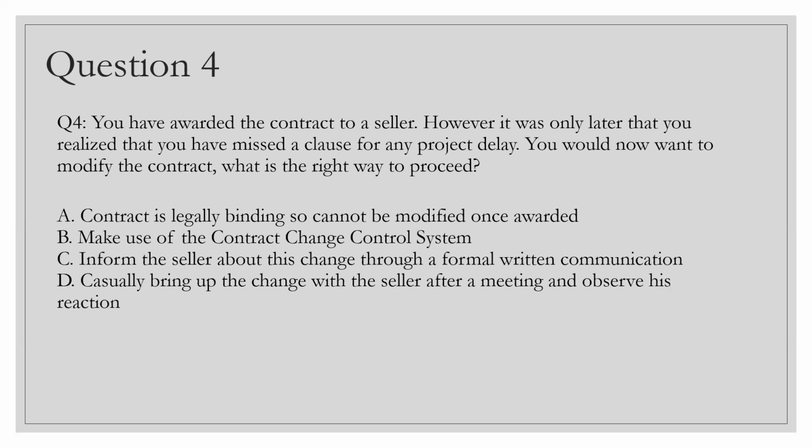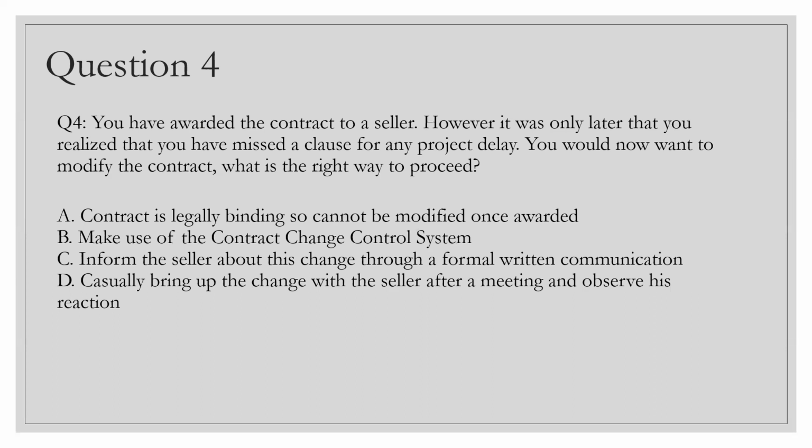C is inform the seller about this change through a formal written communication. Will not hold, because a contract is a legal document and you cannot do any change on that by just a formal written communication, right? D is casually bring up the change with the seller after a meeting and observe his reaction. Never. You cannot talk about a contract change casually to a seller. So you have to go with this.